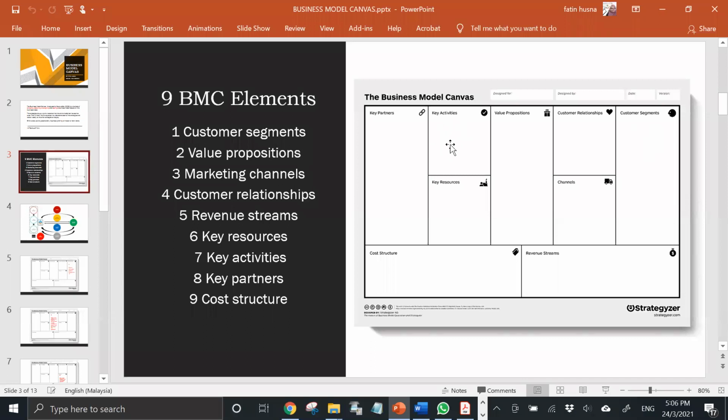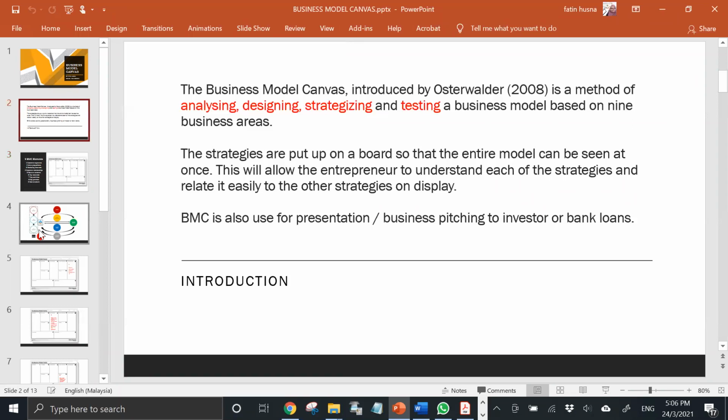When you change key activities, of course the cost structure will change. The revenue stream maybe will change as well. So many things, and within all these 9 BMC elements it is quite confusing a little bit.